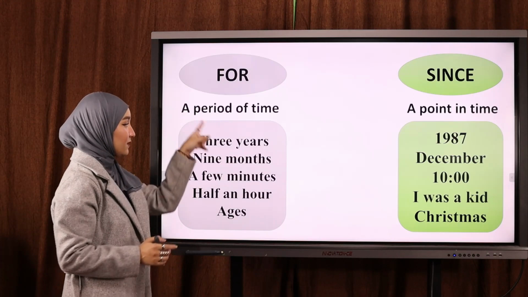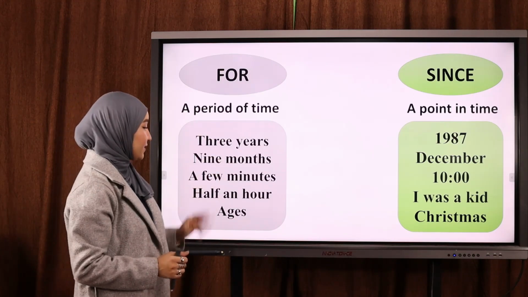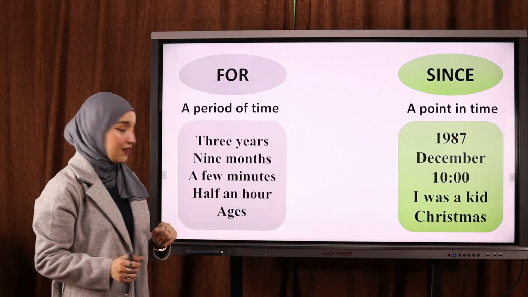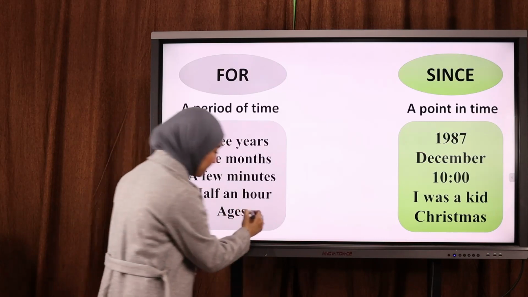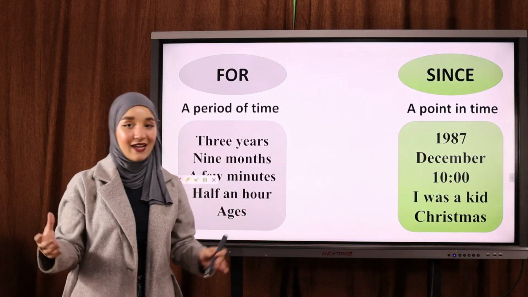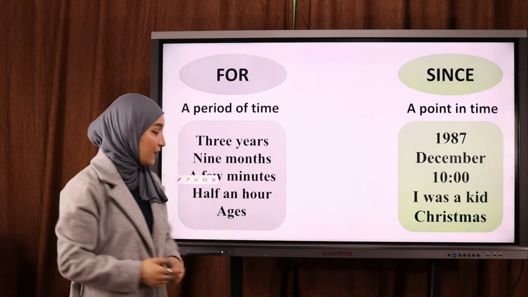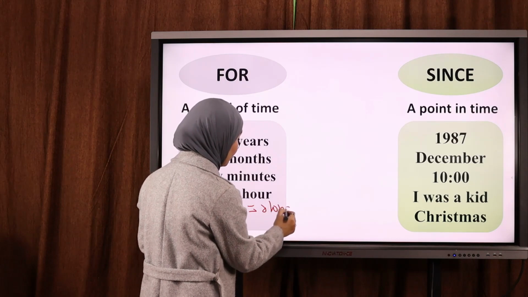Here are some examples. I can say for 3 years, for 9 months, for a few minutes, for half an hour, for ages. For example, I say, hey guys, I haven't seen you for ages. For ages means a long time, for a long time.